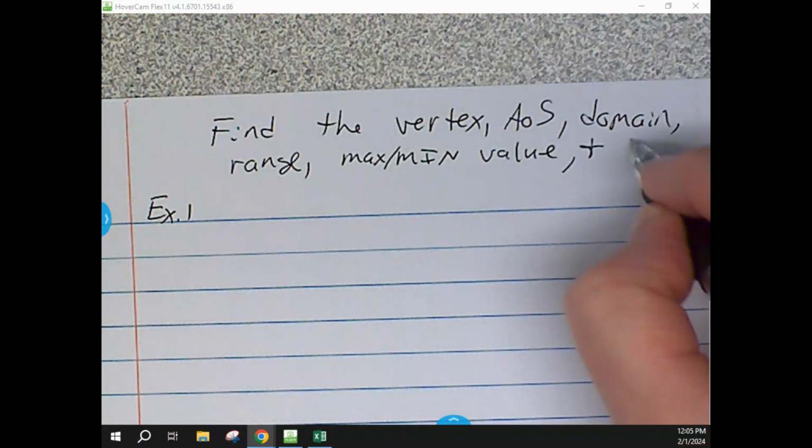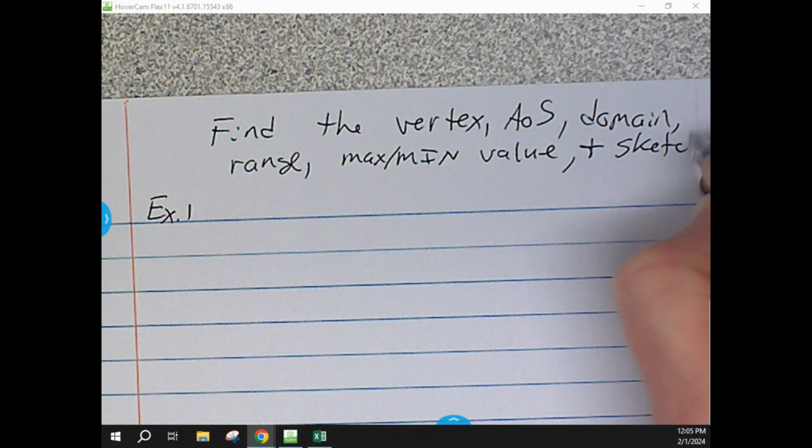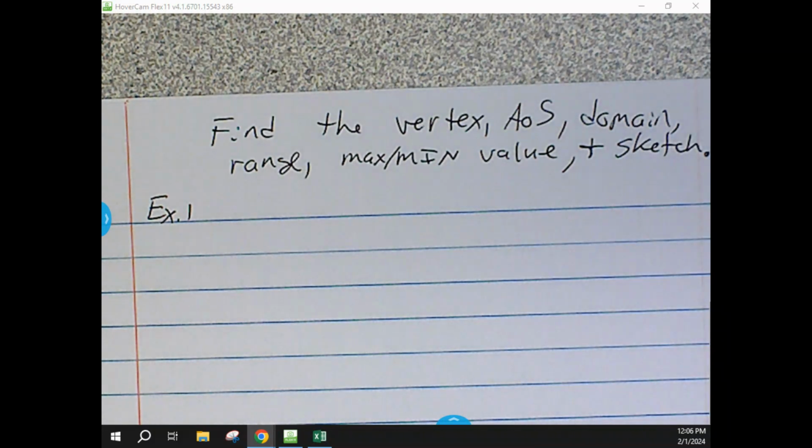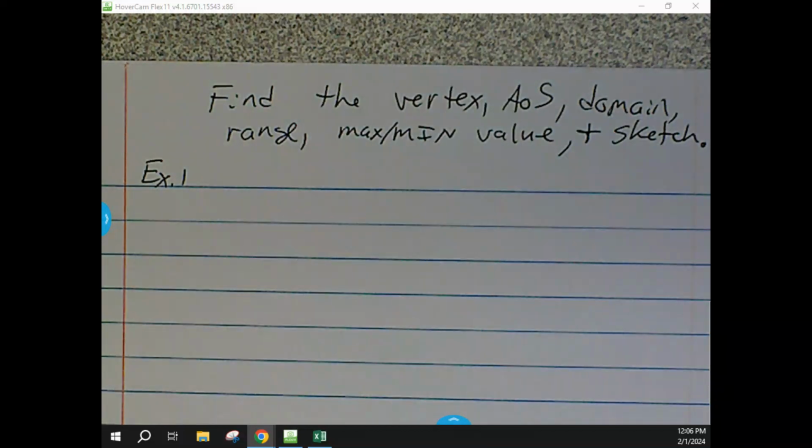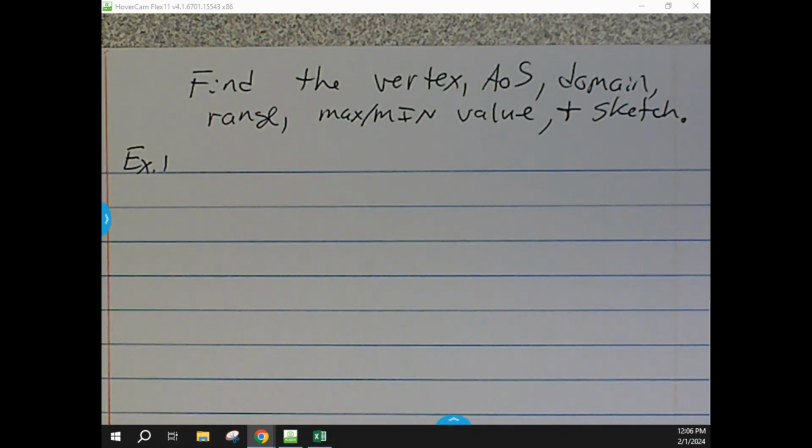And then we're going to sketch the graph. Okay, so we're going to get the vertex, axis of symmetry, the domain, the range, either the max or the min, and the value that's there, and then we're going to sketch this thing and see if we can get this thing figured out.